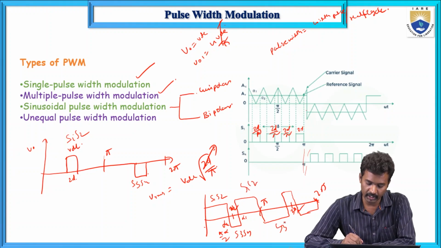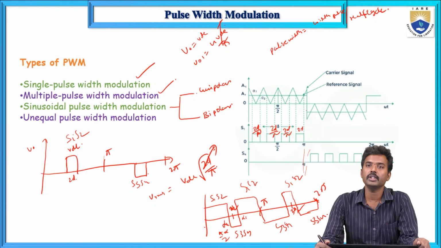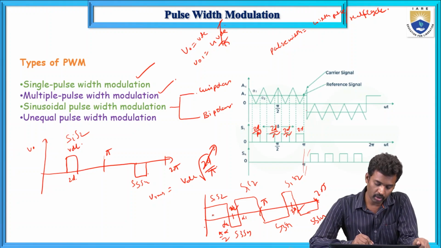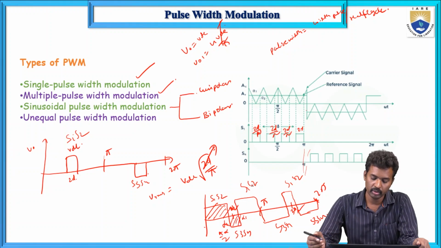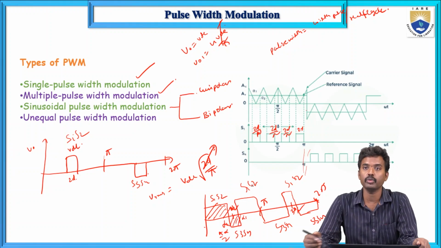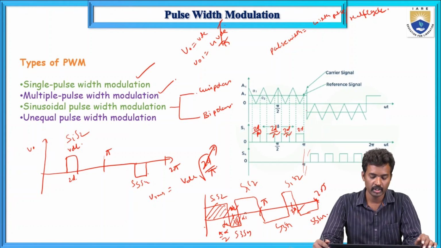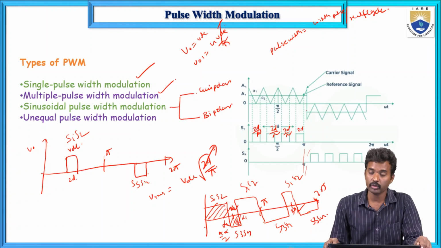In the same way S3 and S4 will conduct, and then S1 and S2, then S3 and S4. So unequal pulse width means from 0 to alpha we get more pulses, and from pi by 2 minus alpha to pi by 2 plus alpha we get less pulse width. So this is unequal pulse width modulation.